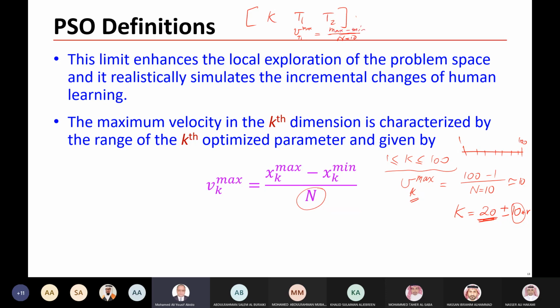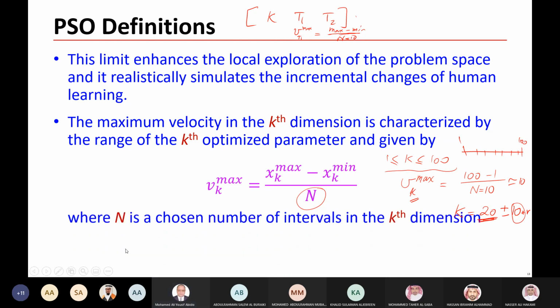This is probably 1 second, and the minimum is 0.1 second. So you can get the velocity in each direction, and you limit the velocity of the particle within these bounds.